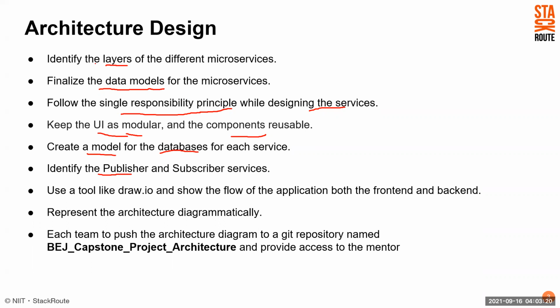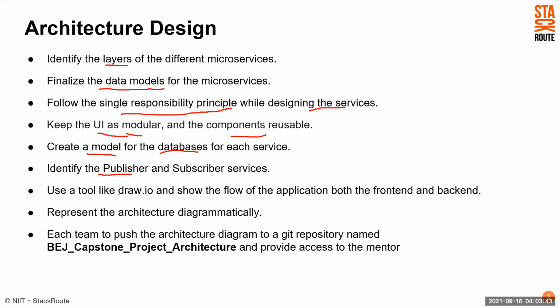If it is synchronous, you don't have any issues. You can just add a Feign client or you can directly get a request from the client. If it is asynchronous, you should identify that this particular service will be a publisher service and this particular service is going to be a subscriber service. So you need to identify this.